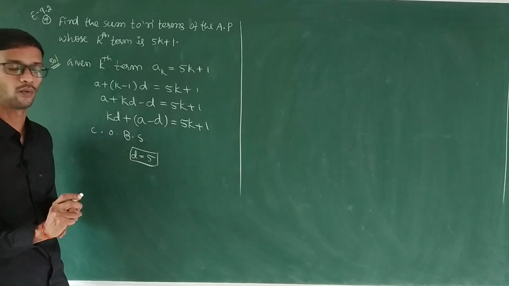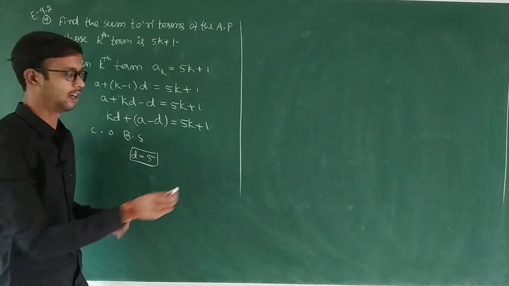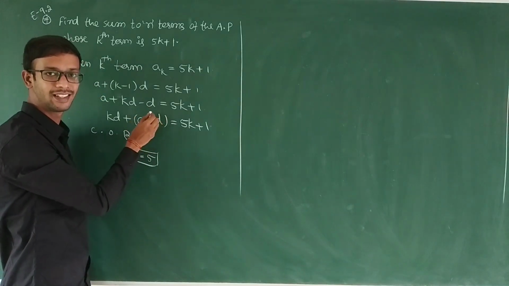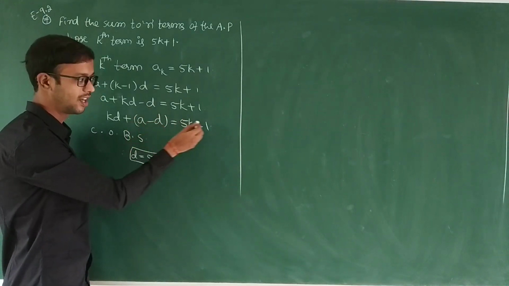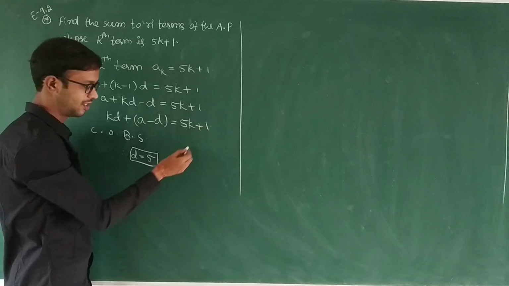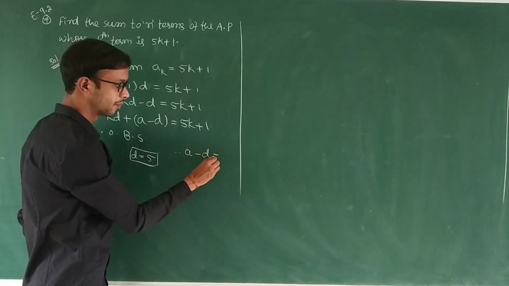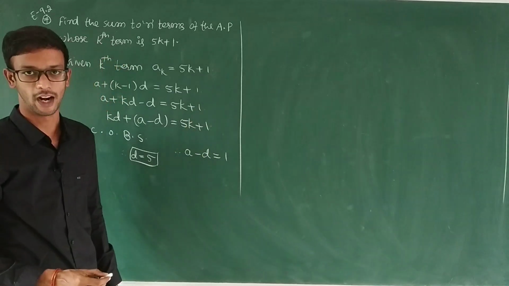Therefore d equals 5. Next, the constant: here the constant is a minus d, and here 1 is the constant term. Therefore, a minus d equals 1.